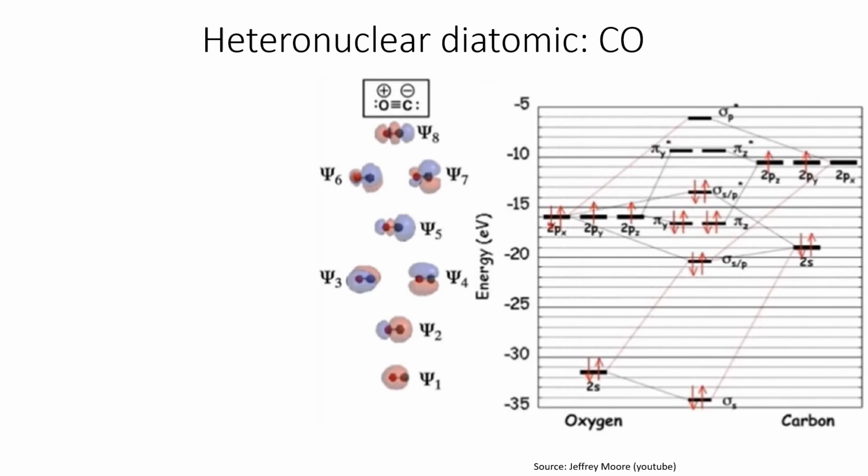You can see we've got oxygen on the left with its 6 valence electrons in 2s and 2p, and carbon on the right, where its valence orbitals are at higher energy. This corresponds to the fact that carbon has fewer protons than oxygen, it's less electronegative, so the carbon electrons have more energy.